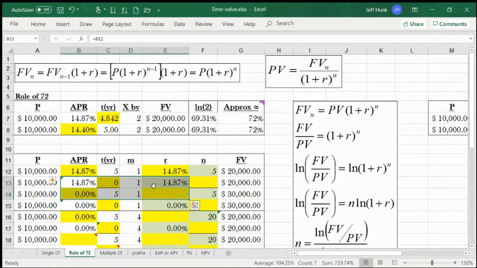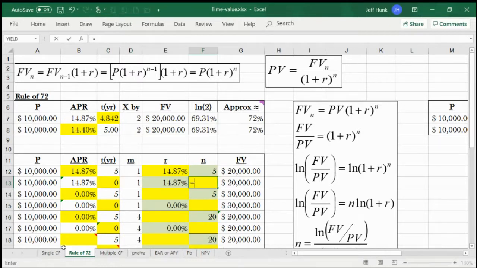And if it was a problem about finding how many years it will take if the interest rate is 14.87, right? First, we will find how many compounding periods. Of course, in this case it's the same thing because our compounding frequency is 1. In other words, it's annual compounding.